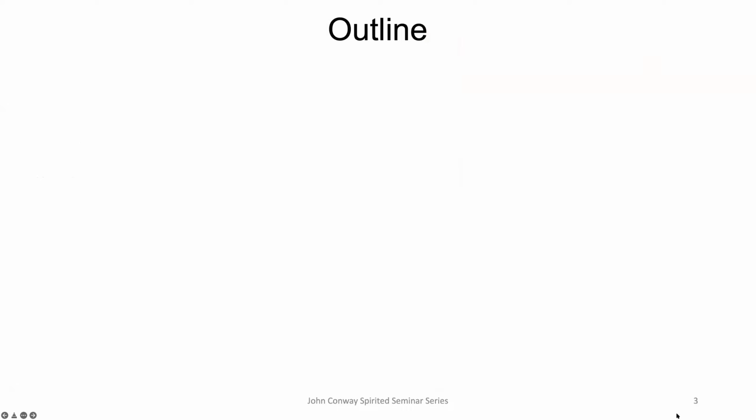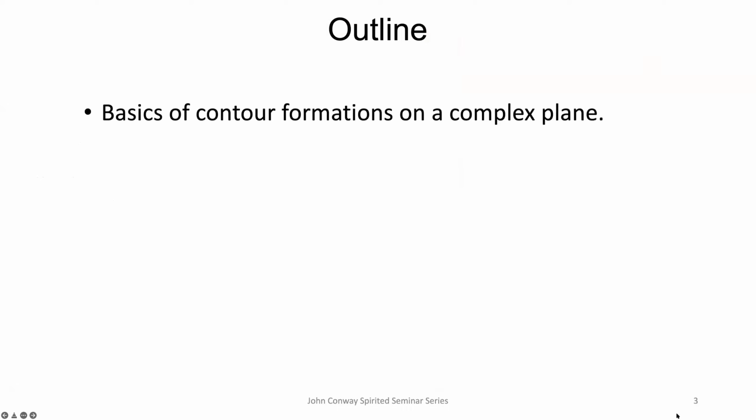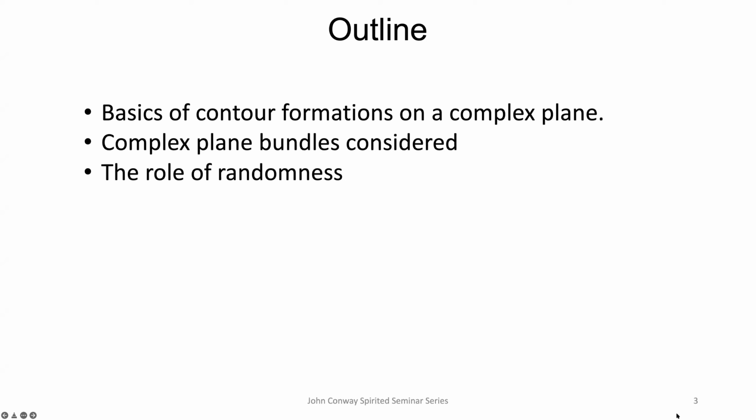Here is the outline of my talk. First, I will describe the basics of contour formation on a complex plane, and then I will touch on what kind of bundles I consider in this talk, and then the role of randomness. This is the originality of the work I have done.